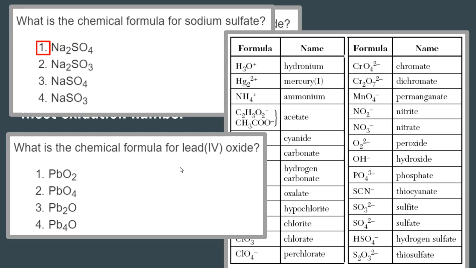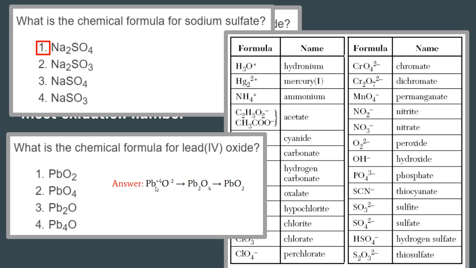Next question, what is the chemical formula for lead 4 oxide? Again, you recognize the Roman numeral, so you should immediately convert that to the oxidation number. When we write down the symbols, lead is Pb, oxide is O. Notice the IDE ending is referring to oxygen.